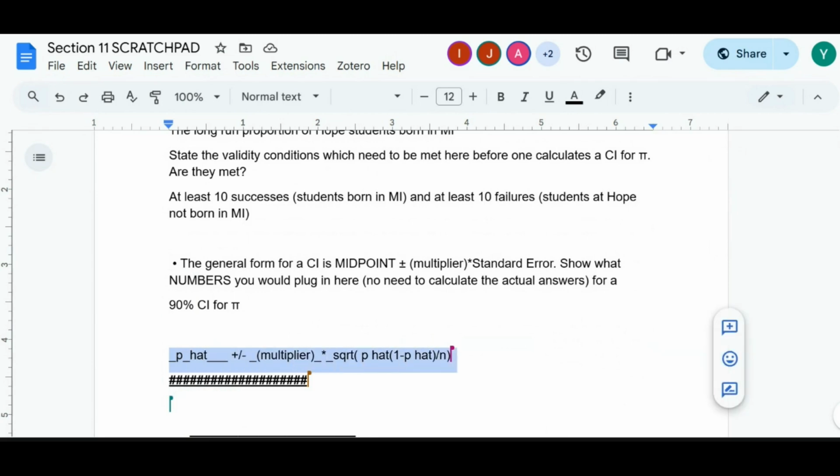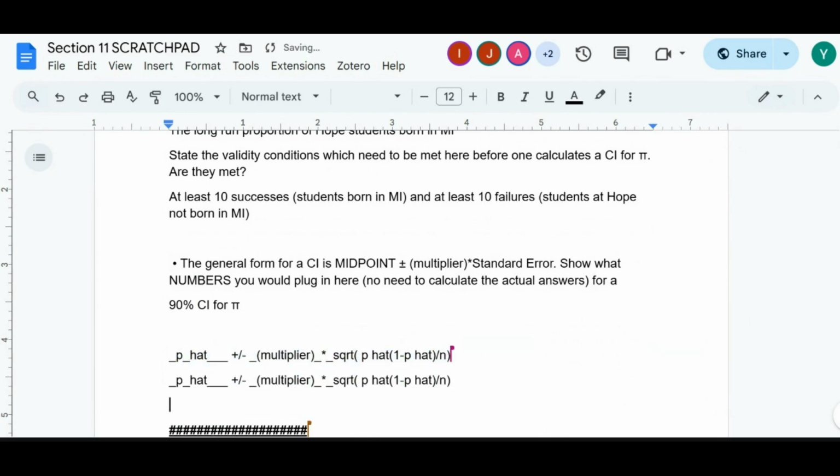So now your turn. Tell me what this would be specifically if I wanted to make a 90% CI for pi. Can you replace these things with the numbers? Don't need to give me a decimal. I actually prefer it. Give me a fraction for p hat. Don't calculate. Give it to me as a fraction. That's fine. See, you want a 90% CI? You go with 1.645. Does that make sense? Follow my chart.